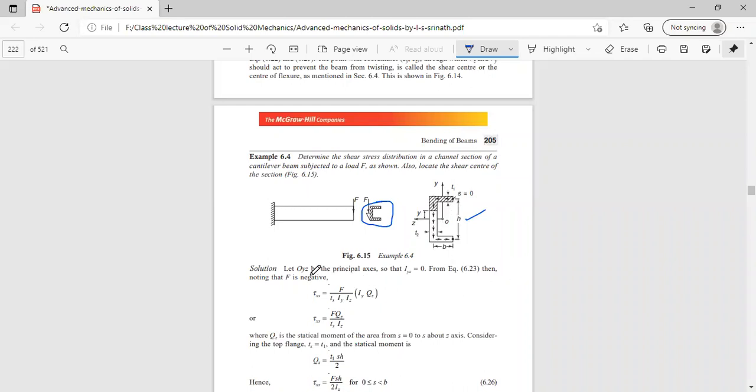Now, Oyz are the principal axes. Oz is one of the principal axes and Oy is the other. And as per our theory of principal stresses, the second moment of inertia.